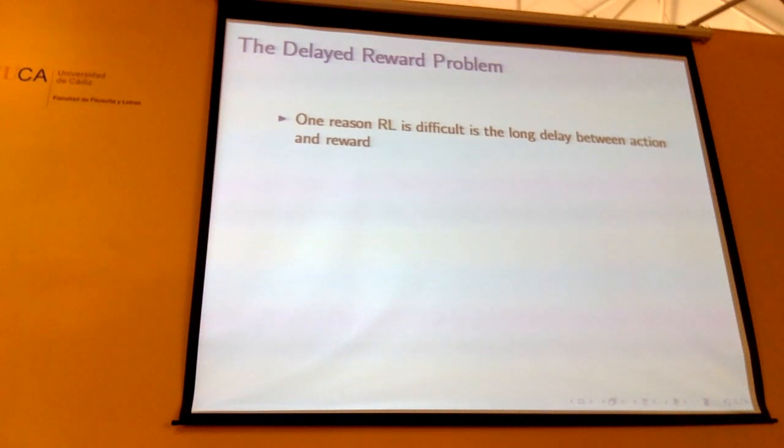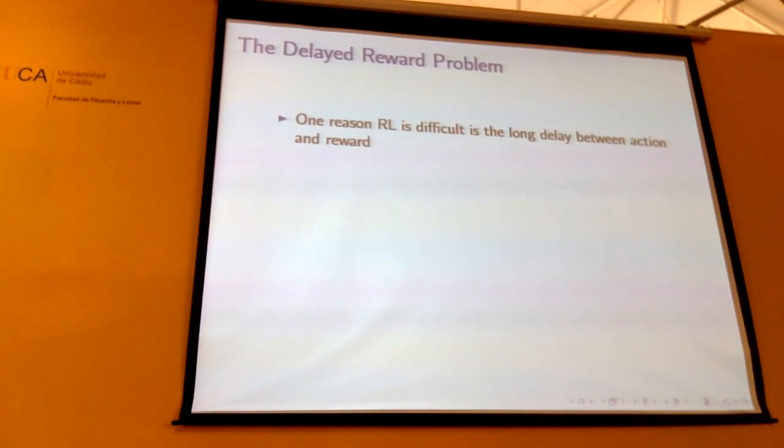But first I want to talk about a really general issue in reinforcement learning, which is the delayed reward problem. In reinforcement learning, you're performing a series of actions, and then there are a series of states and rewards. And the thing that makes it different than most problems in supervised learning is that when you perform an action, you have no idea if this action was any good.